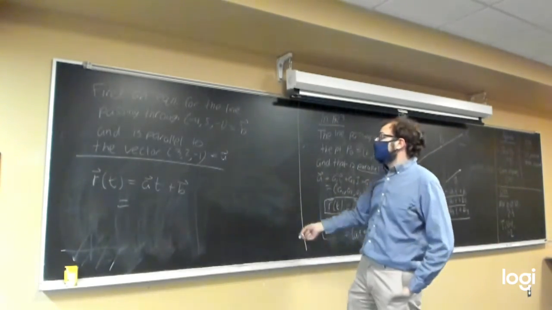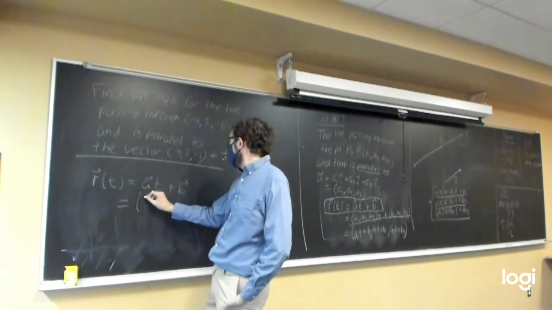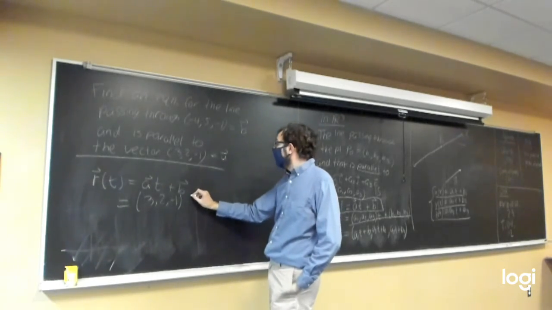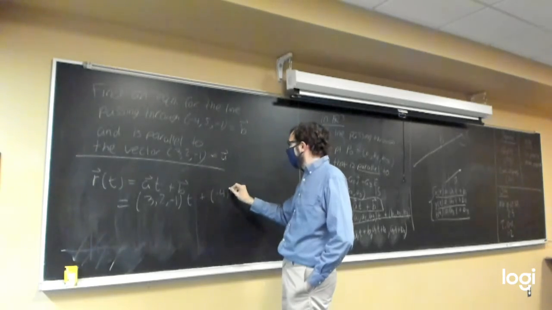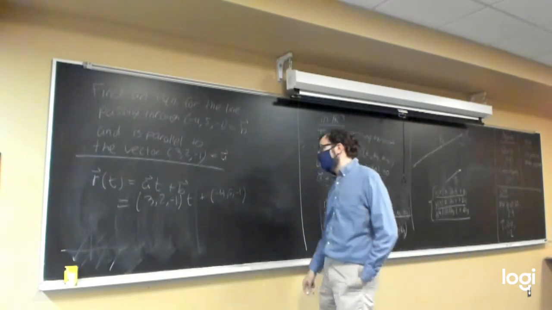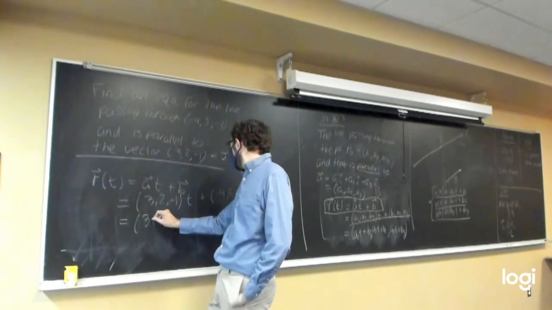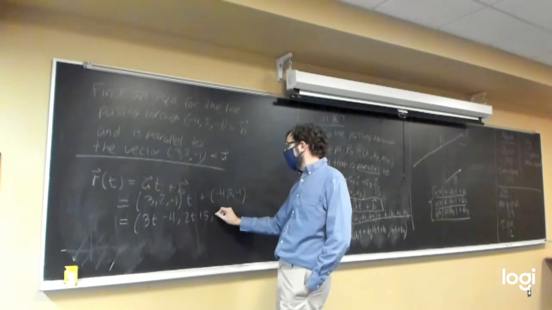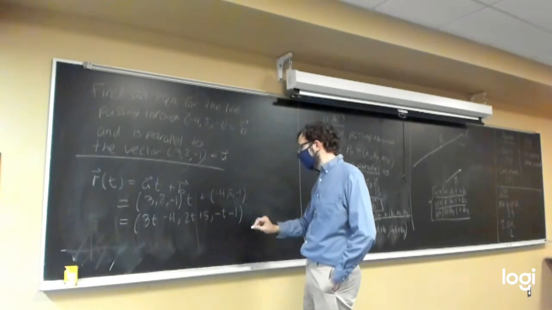And so, if we just plug these in for a and b, we'll get that our a is (3, 2, -1), times t, and our b is (-4, 5, -1), which we can combine into a single vector if we want: (3t - 4, 2t + 5, -t - 1).